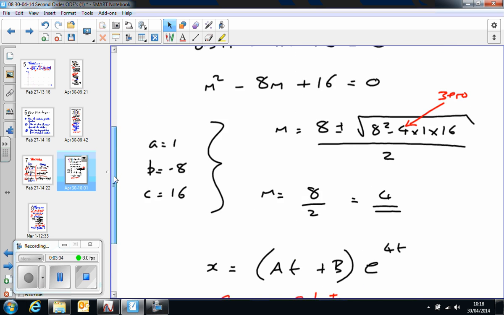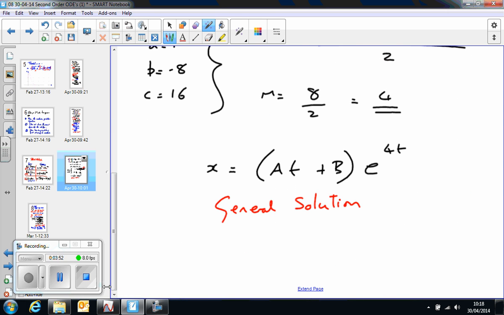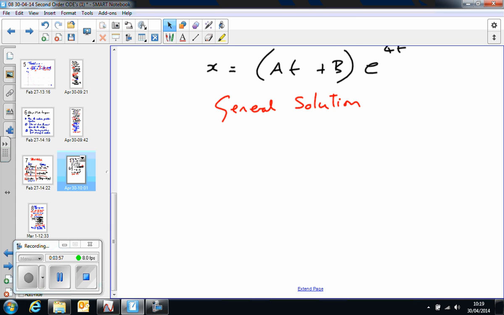So I look back at the problem and I look at my initial conditions. I know that when t equals 0, x equals 0, and the differential is minus 2. So now I've got to put in my initial conditions and find the values for a and b. So when t equals 0, x equals 0.